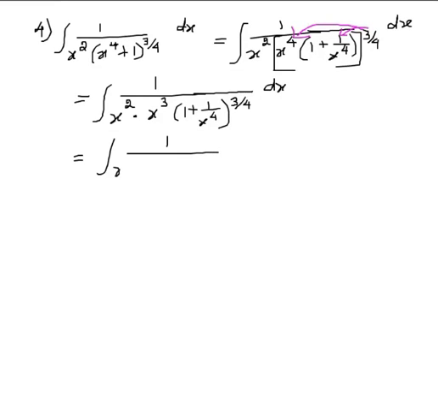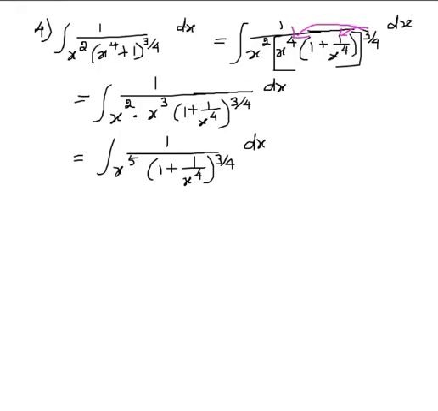Which is 1 divided by x raised to 5 times 1 plus 1 divided by x power 4 raised to 3 by 4 dx. We know that differential of 1 by x power 4 term will give us 1 by x power 5 term.